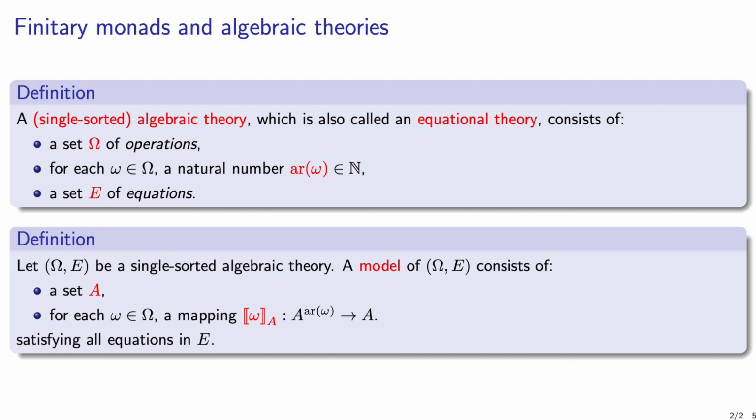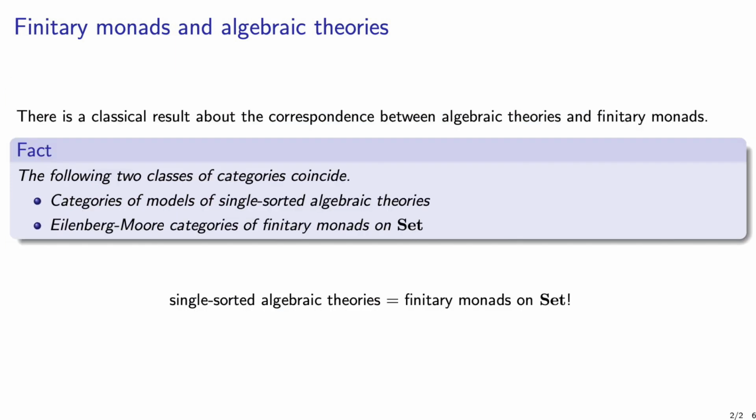When a single-sorted algebraic theory is given, we can define the concept of models. A model is a set A where each operator ω is interpreted as an appropriate mapping which satisfies all the given equations.